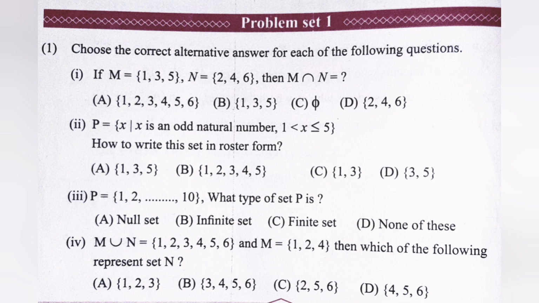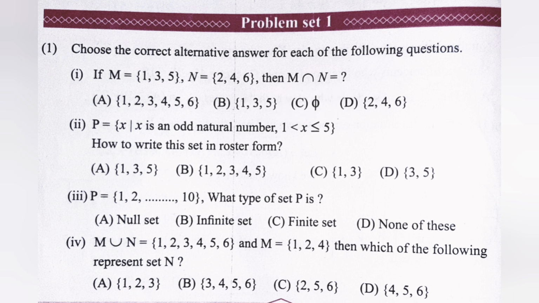We are unable to find any common element in both sets. There is nothing common between the elements of M and elements of N. So the intersection is the null set because there is no element in this set. So the right option is option C.